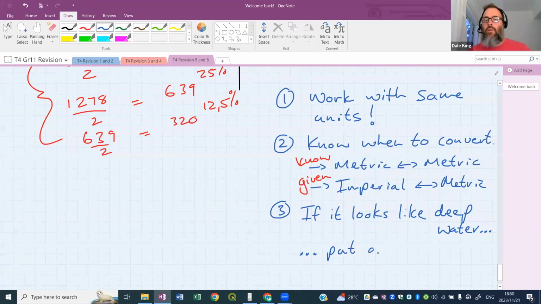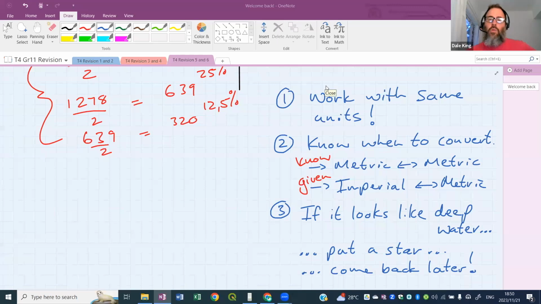Put a star and come back later. That's my suggestion. Yes. Convert units before calculating. Good. You got to work with the same units.